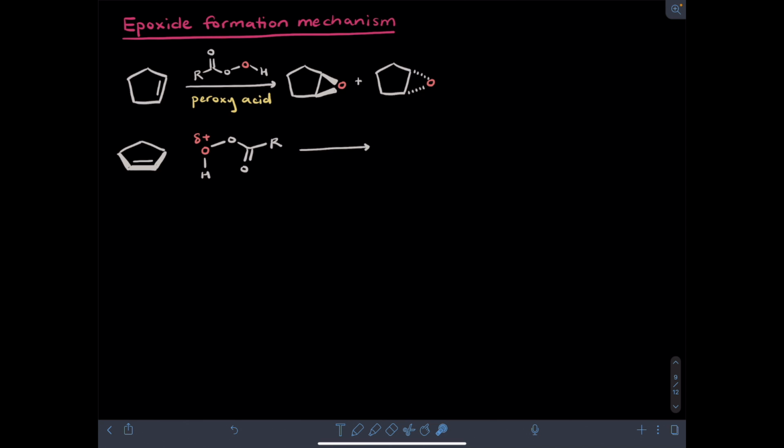This is going to be a complicated mechanism involving 4 arrows in a single step. I bring the electrons from the pi bond to the electrophilic oxygen. I break the oxygen-oxygen bond and use it to form an oxygen-carbon pi bond. I take a carbon-oxygen pi bond and use it to form a new oxygen-hydrogen bond, and I take the electrons from the OH bond and bring those to one of the carbons of the alkene, all at the same time.